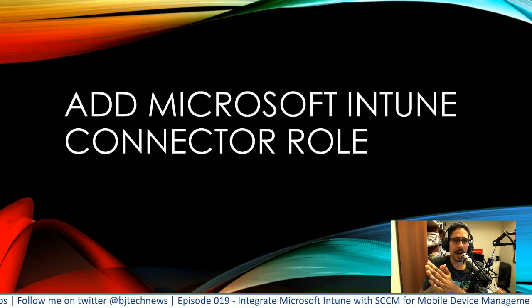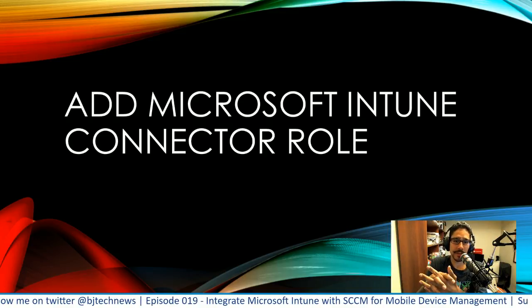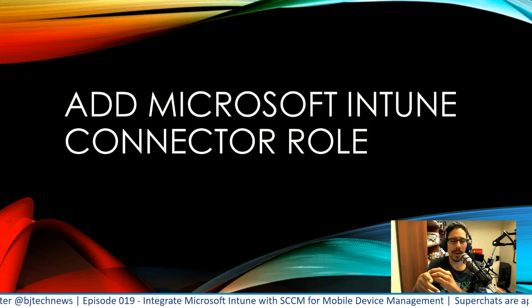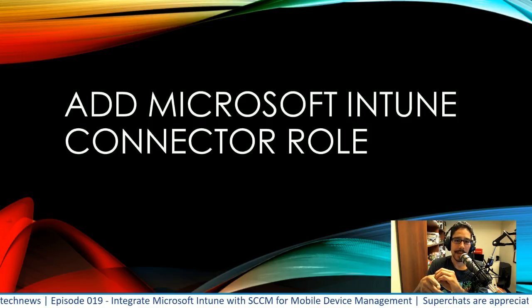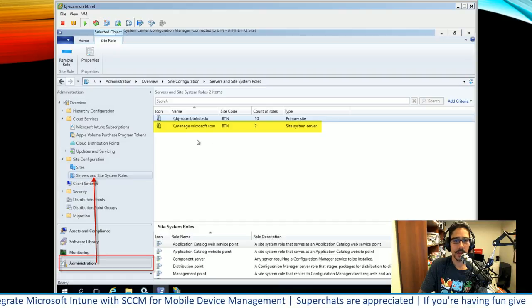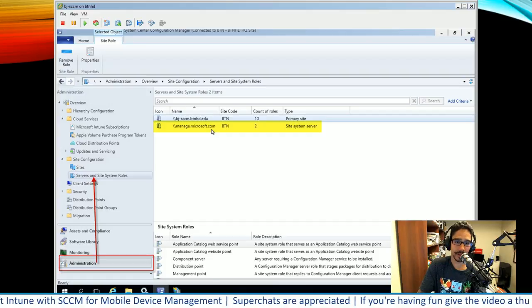Now, we're going to add the Microsoft Intune Connector role. Now, depending on what version of SCCM you have, within Administration, Overview, Site Configuration, Servers and Site System Roles, you're going to see a new entry, which is going to be manage.microsoft.com. That's something new. Awesome.